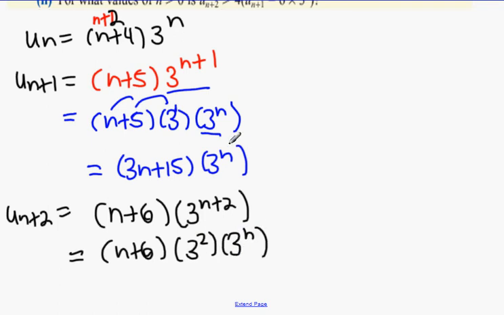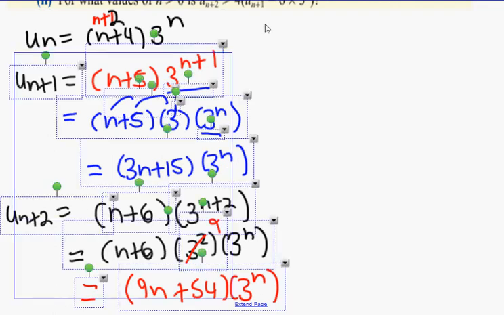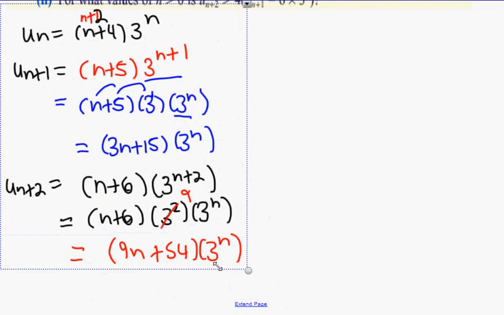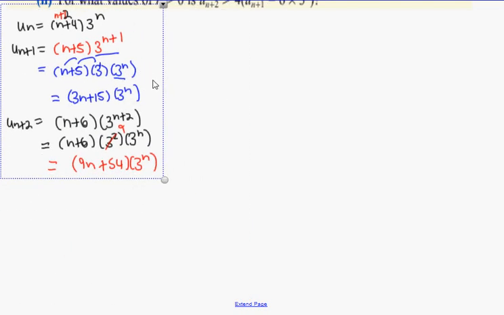Now what's 3 squared? 9. What's 9 times n plus 6? 9n plus 54, 3 to the n. Stop there. Now what we have there is exactly what we need for the next part of the question, or part 1 even.